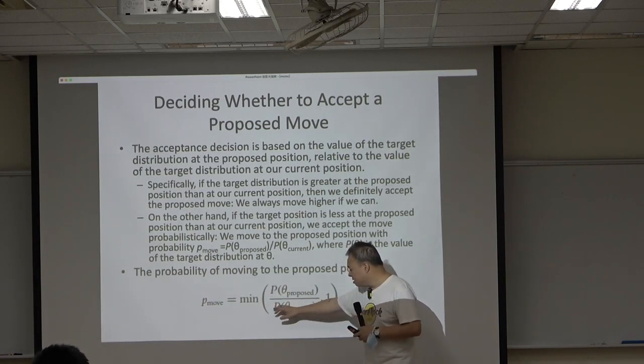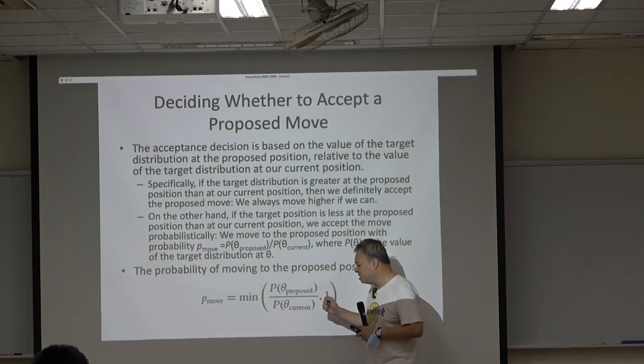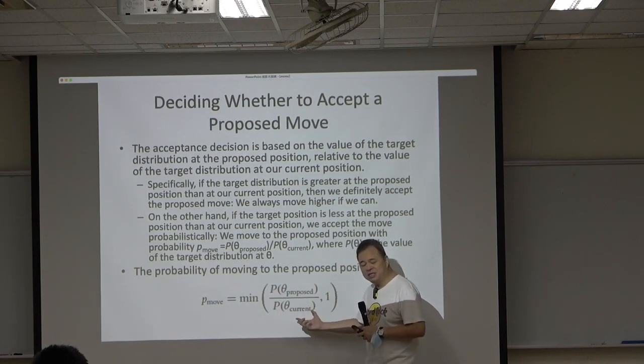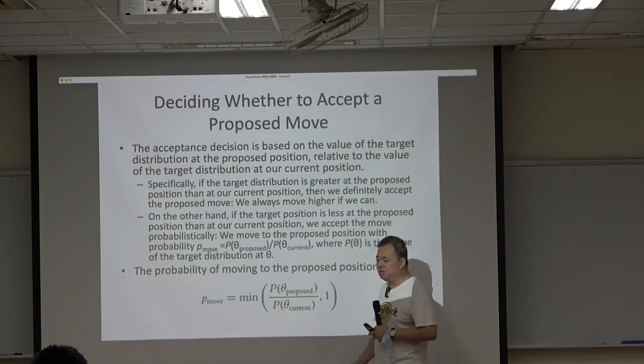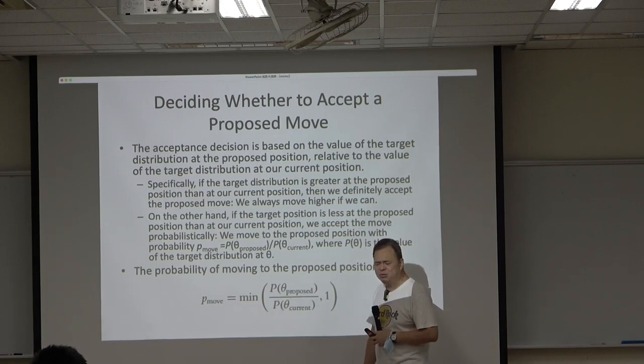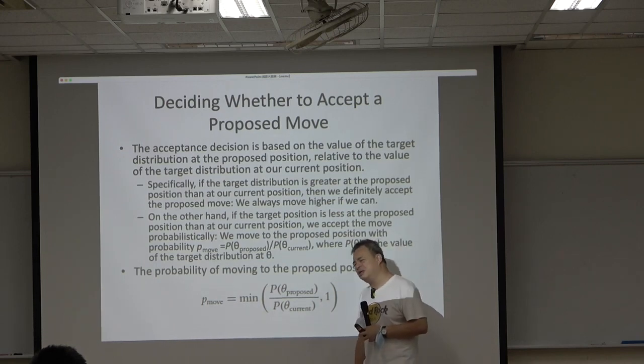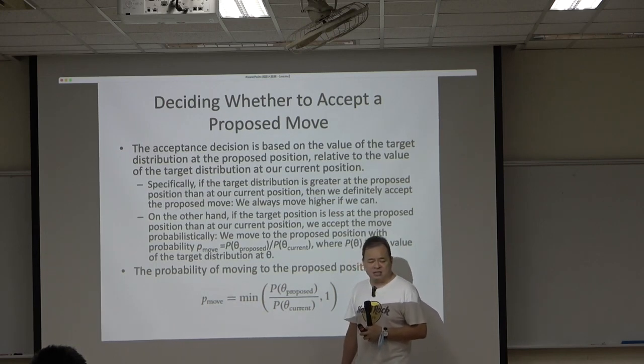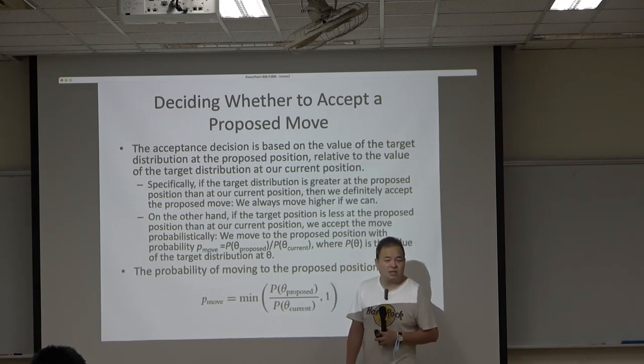The P theta of the initial location has to be non-zero. But it's normally not an issue. If it really is an issue, you can certainly start from another initial location again.